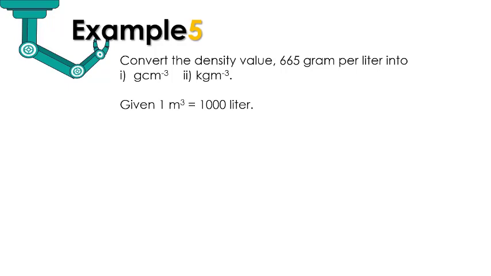Example 5. Convert the density value 665 gram per liter into gram per cubic centimeter and kilogram per cubic meter. Given 1 cubic meter equals 1000 liter and 10 to the power of 6 cubic centimeters.